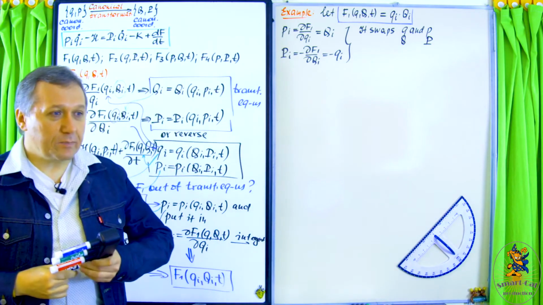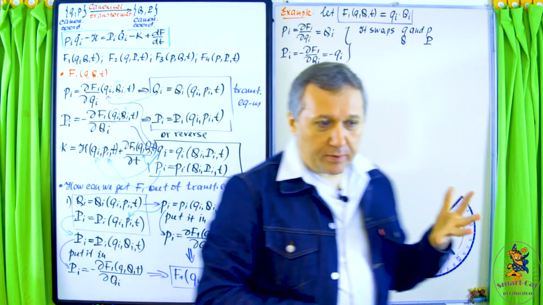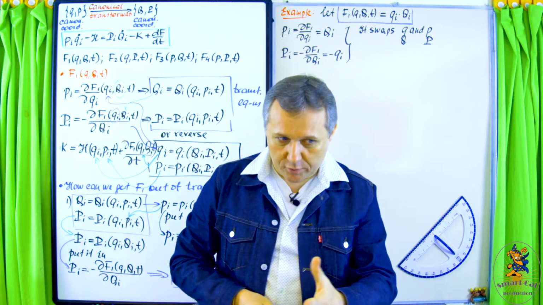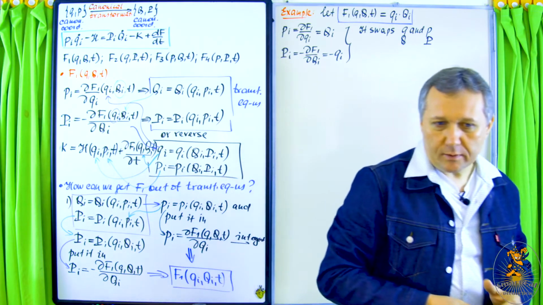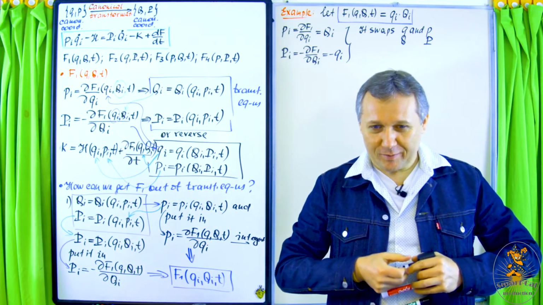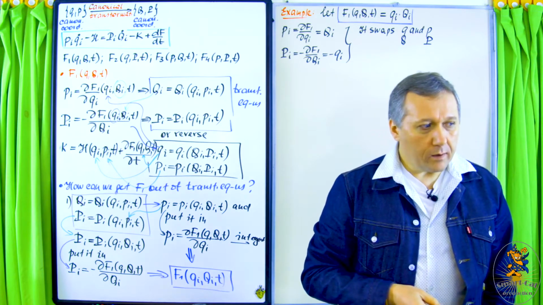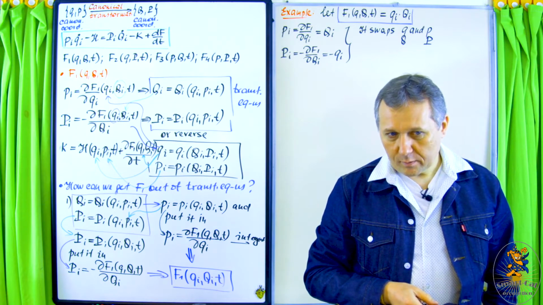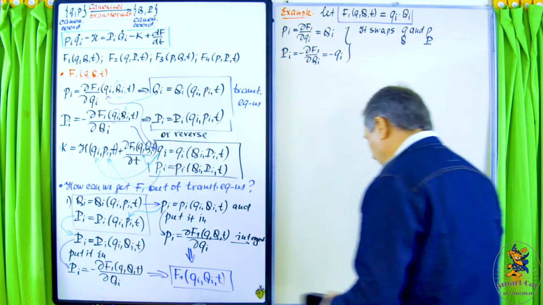Of course, this example tells us that these variables, generalized coordinates and generalized momenta, are basically equivalent in the Hamiltonian formalism. And very often, because of that, they are called canonically conjugate quantities. Canonically conjugate quantities. Okay, let me write that down.